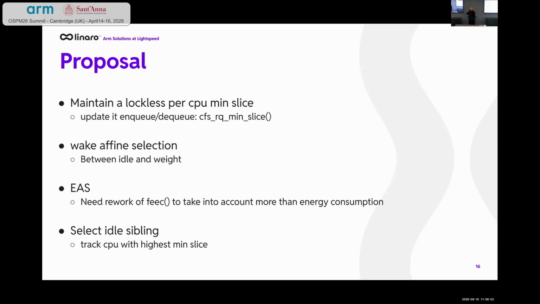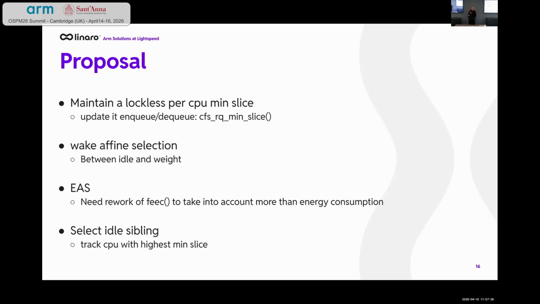So the goal would be to add an intermediate step where we are looking at least between the two CPUs if there is one that is better than the other one. And in this case, we'll select that. In EAS, that's a bit more tricky because right now we are only looking at the energy. So we need to rework that so that between two CPUs with similar power consumption or energy impact, we select the one where your slice will be shorter than the running one.